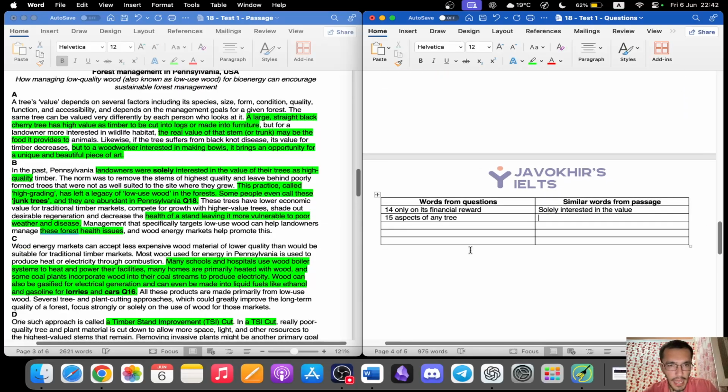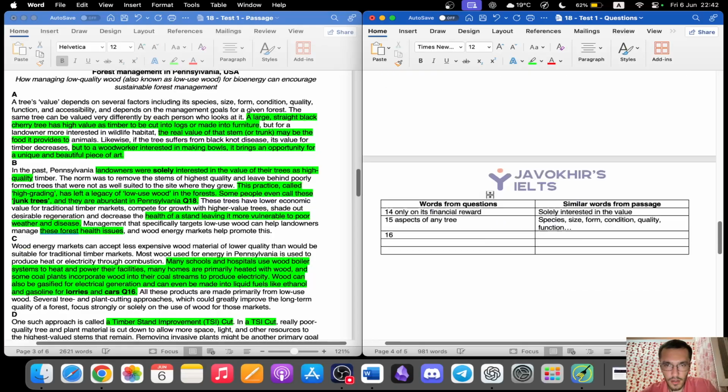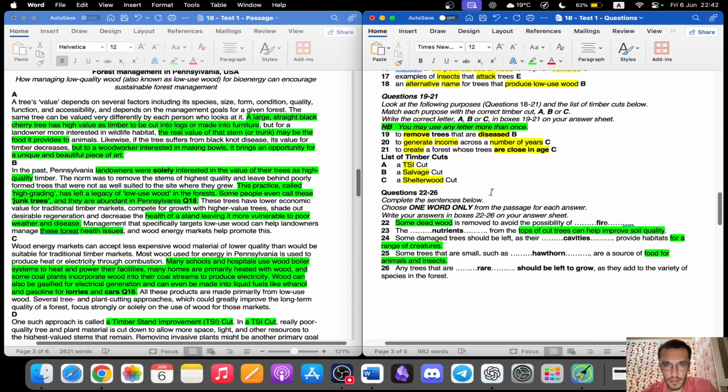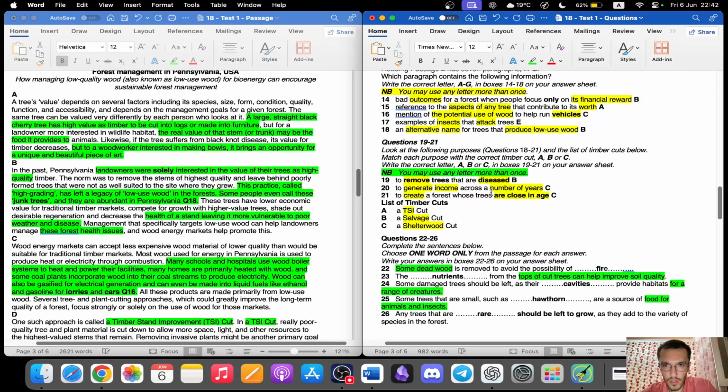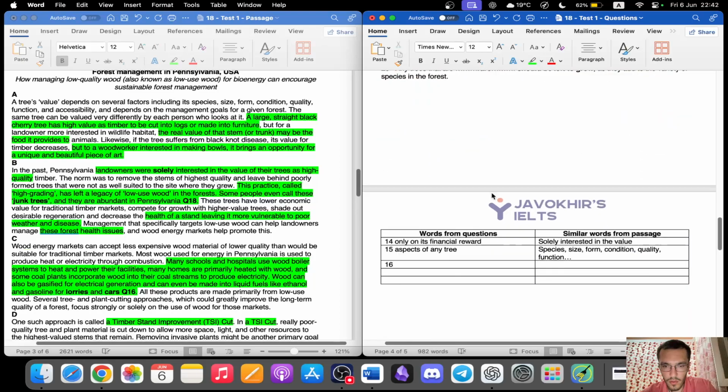So there's aspects are like size. No, I mean species, size, form, condition, quality, function, and many more. 16 is referring to potential use of wood. Run vehicles, lorries and cars.